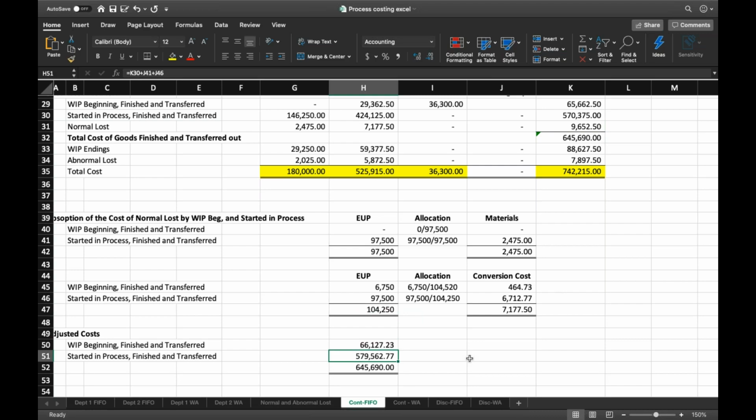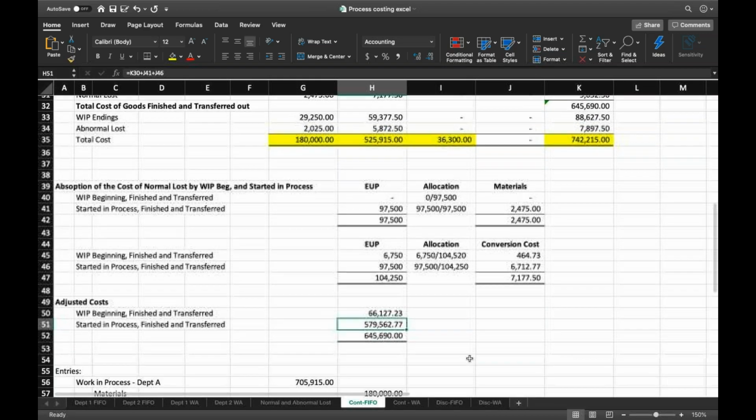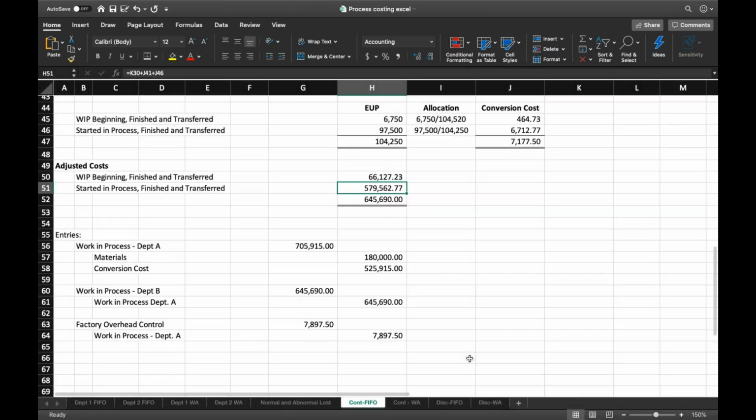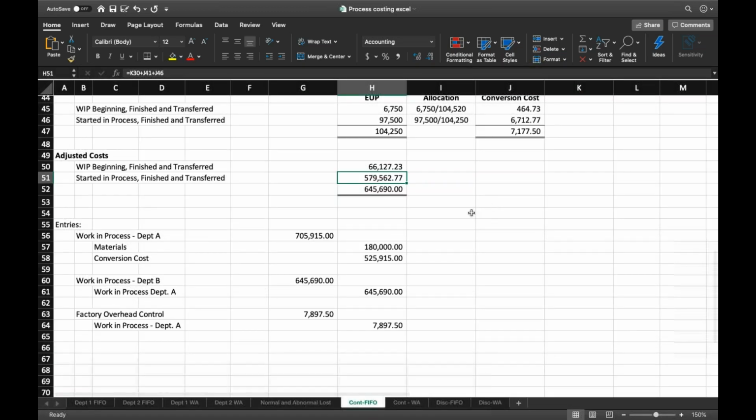Okay? How about the journal entry? Okay, for this month, ang cost incurred natin is materials and conversion cost, labor and overhead. Okay, hindi na natin pinaghiwalay kasi dun sa given natin hindi magkahiwalay yung labor and overhead.